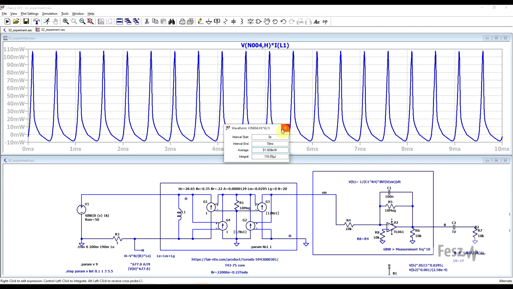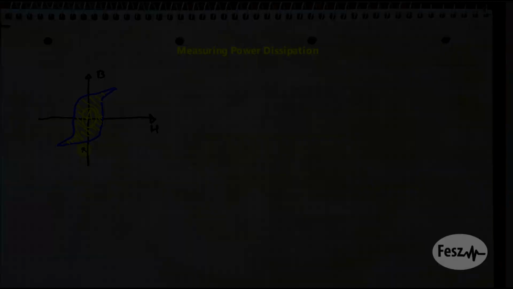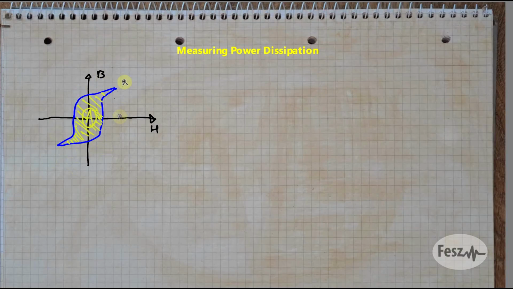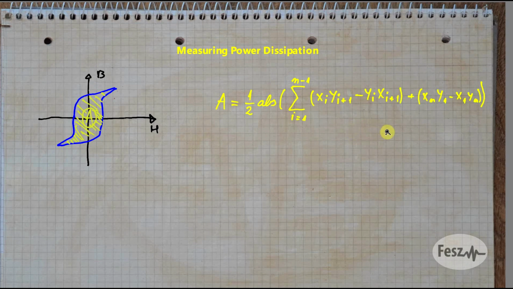But performing this calculation is a bit more complicated in real life. So for this, we need to determine the area enclosed by our hysteresis loop. One method that I found for this is applying the shoelace formula. This takes all the points on the graph, so x and y are our coordinates corresponding to the magnetic field strength and magnetic flux density, and you multiply and sum up things, and somehow this works.